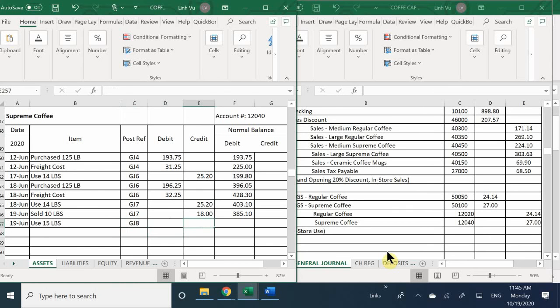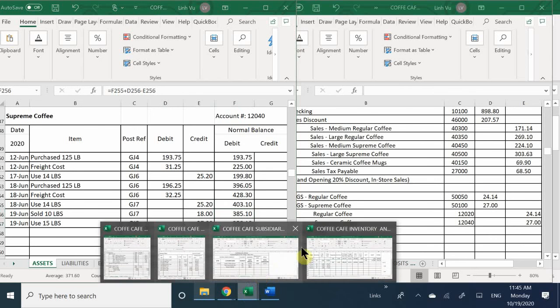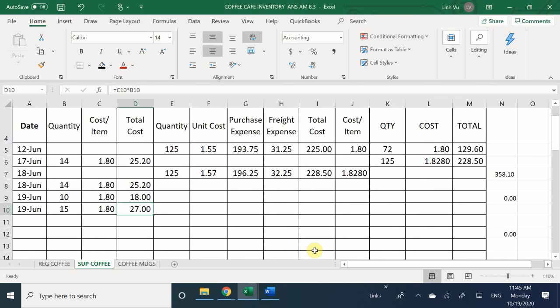And what amount is going to be 27. Bring in my new grand total to be 358.10, which matches our inventory worksheet on hand 100%. So here you go, 358.10. Okay.